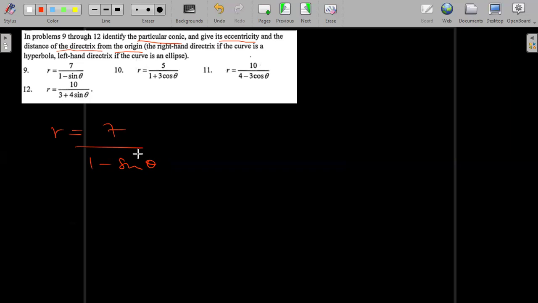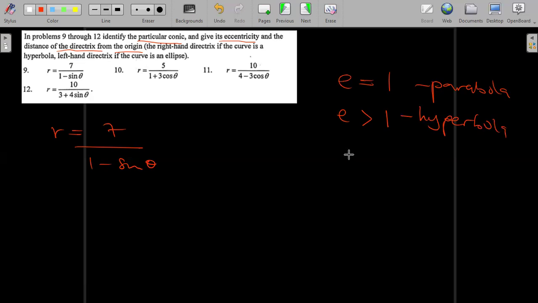Maybe something else that I did not mention here: when your eccentricity E is equal to 1, we get a parabola. When E is greater than 1, this gives us a hyperbola.